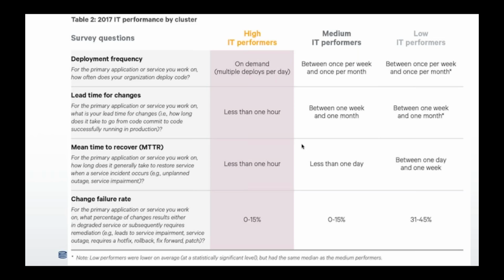Yeah, that reminds me of that Gibson quote. The future is already here. It's just not evenly distributed. Yes, exactly. And we do see that the industry changes year over year. So this comes from the 2017 State of DevOps report that DORA did in cooperation with Puppet.